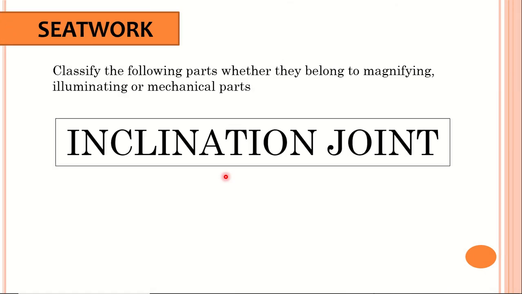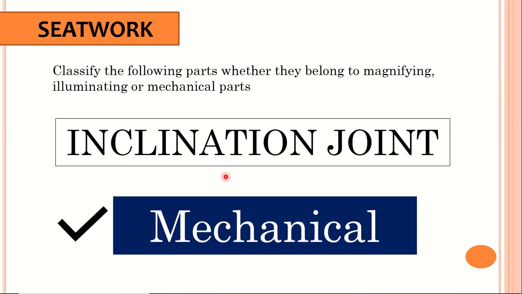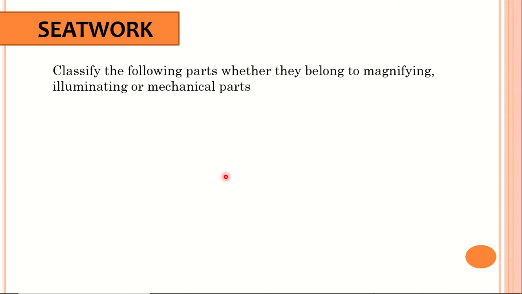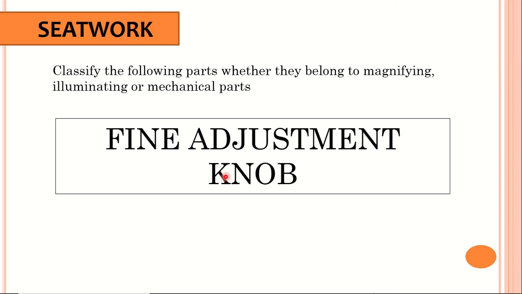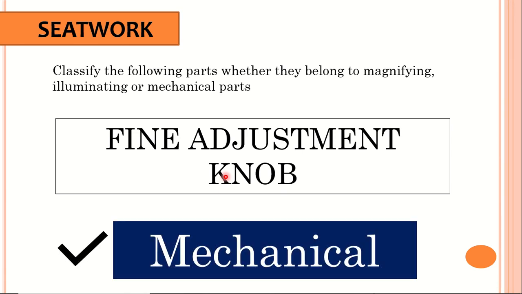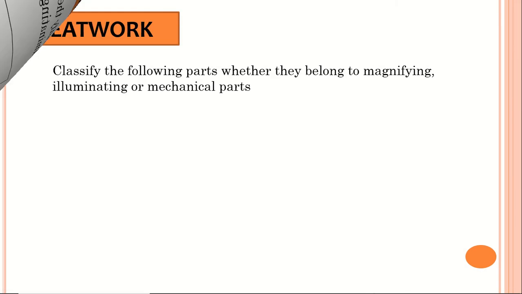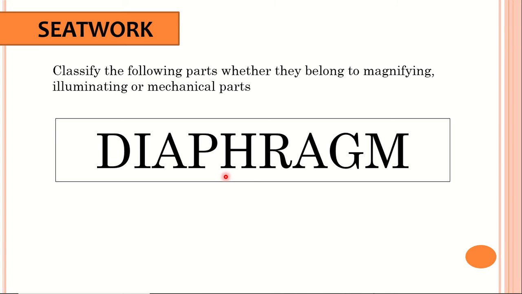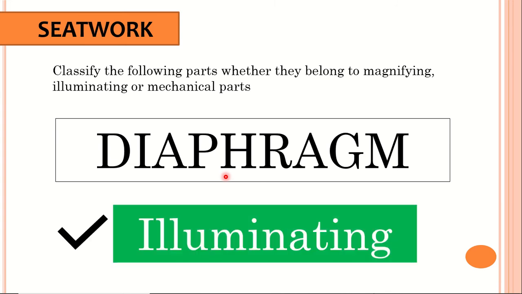What is your answer? Very good. The answer is mechanical. Next, fine adjustment knob. What is your answer? Very good. The answer is mechanical. Next, diaphragm. What is your answer? Very good. The answer is illuminating.